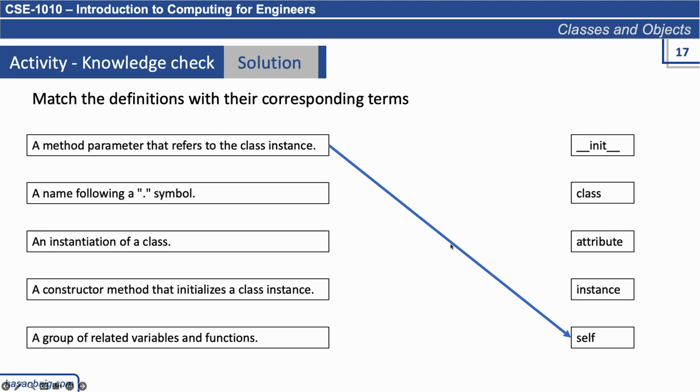Okay. With the help of a dot symbol, we can access either a specific method or an attribute. So among the available options, it is an attribute. What about the third one? Instantiation of a class.